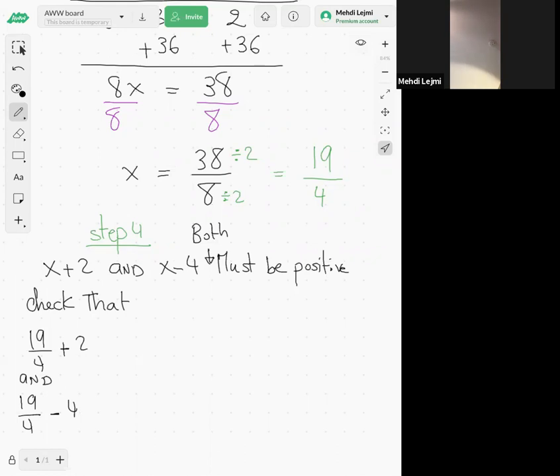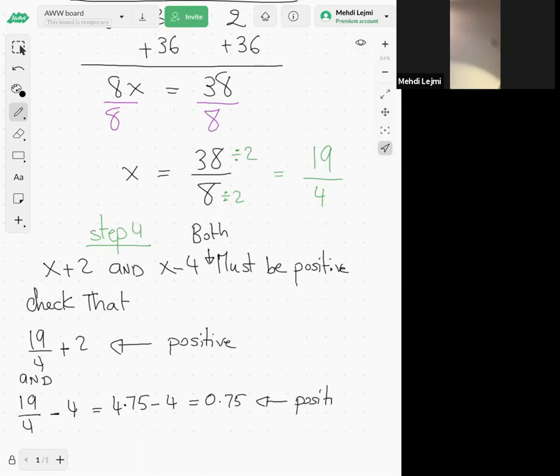So 19 over 4 plus 2, of course, that would be positive because it's a sum of two positive numbers, right? Now, what about 19 over 4 minus 4? 19 over 4, as I said, that's 4.75 minus 4, so that's 0.75, which is, of course, positive.